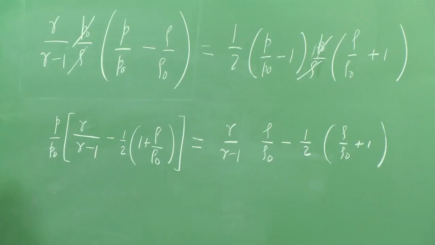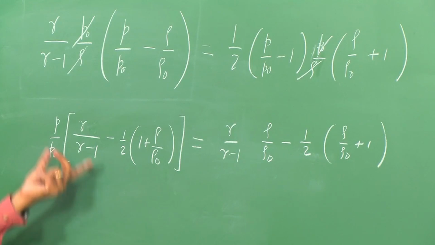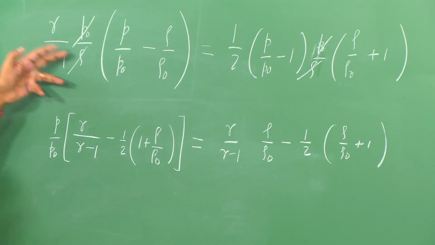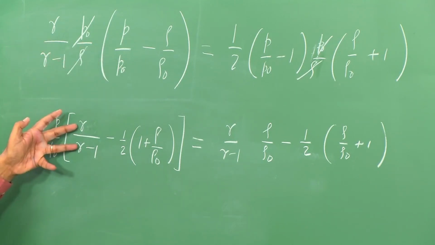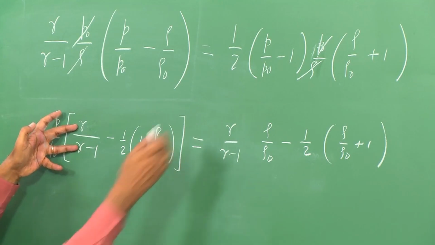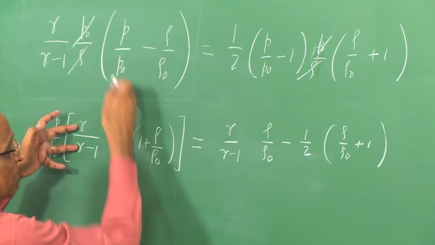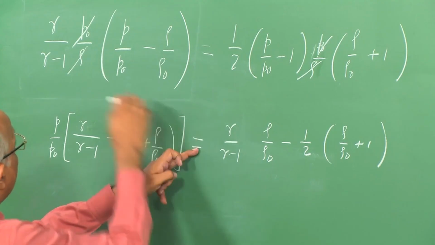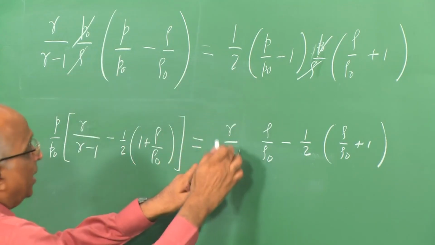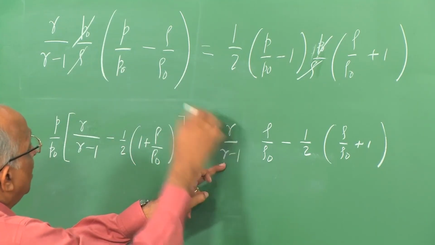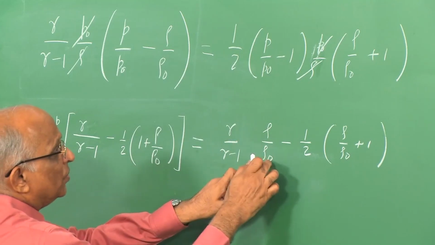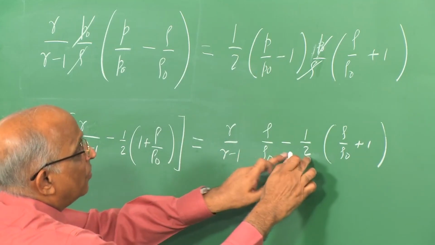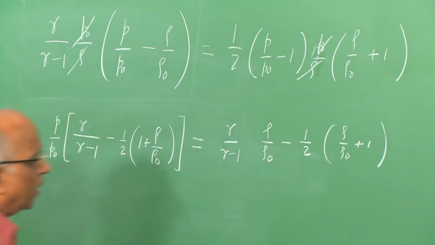This I simplify, let us check this again. I have P by P0 into gamma minus 1, and then I brought P by P0 on this side minus half into rho by rho0 plus 1 over here, then I take rho by rho0 on this side, it becomes gamma by gamma minus 1, minus sign becomes plus rho by rho0, then I have minus half into rho by rho0 plus 1.